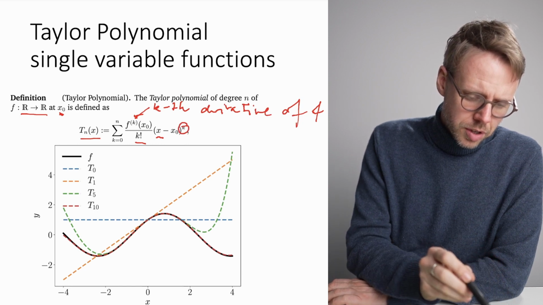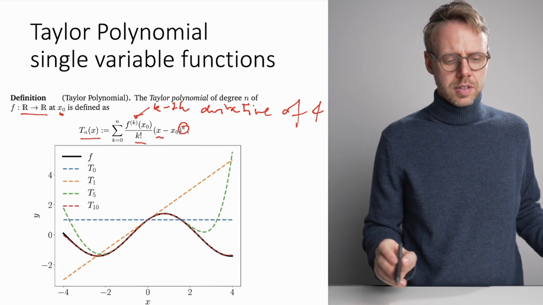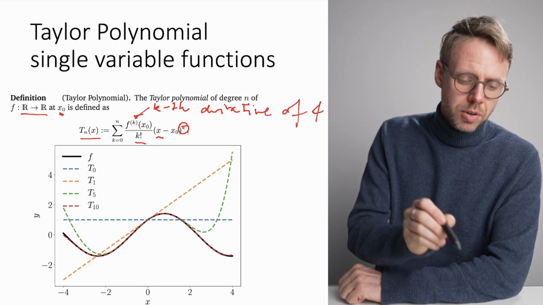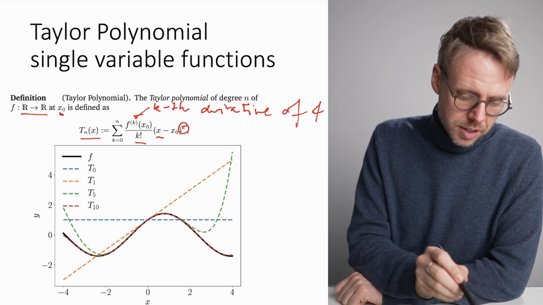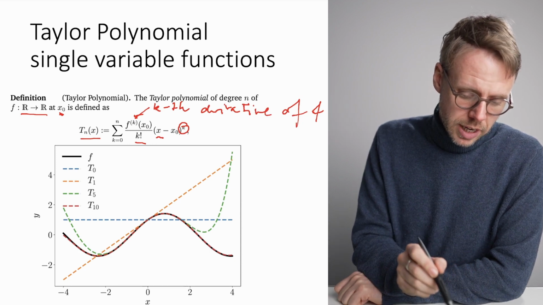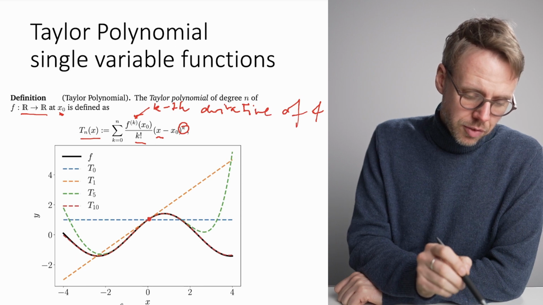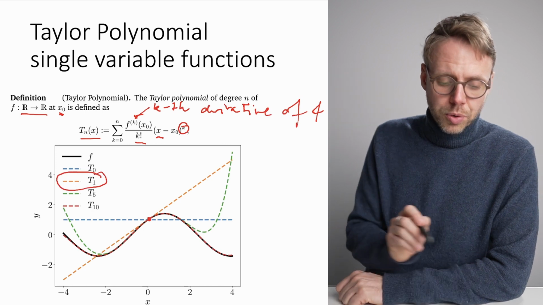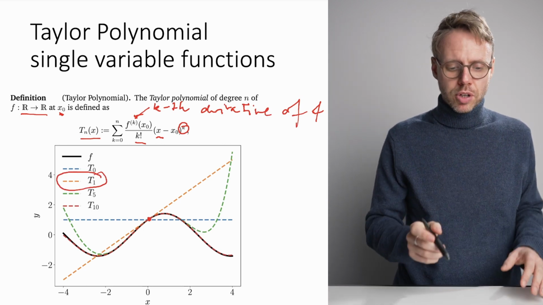So if we start out with k equals 0 to n equals 0, then we would have a constant. So the blue line here. If we go to n of 1, so the polynomial of degree 1, we would have our linear approximation.